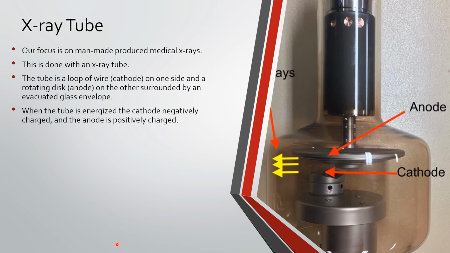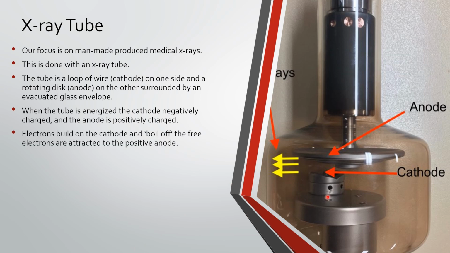When the tube is energized, the cathode is the negatively charged side, and the anode is positively charged. Electrons build on the cathode and boil off through a process called thermionic emission. The free electrons are attracted to the positive anode, since opposites attract: negatives and positives are attracted to each other. So this side is very negative, this side is very positive.